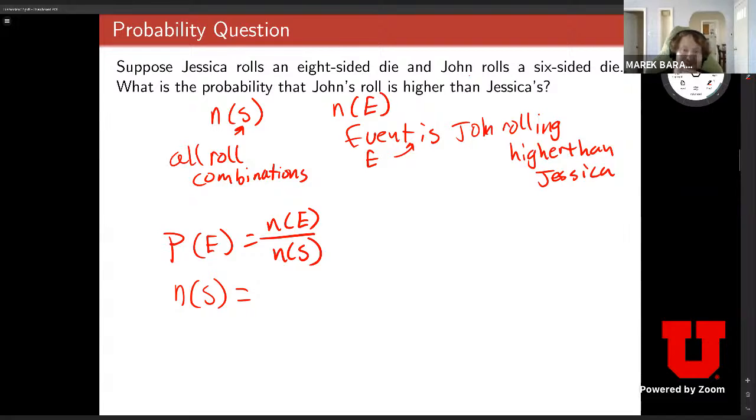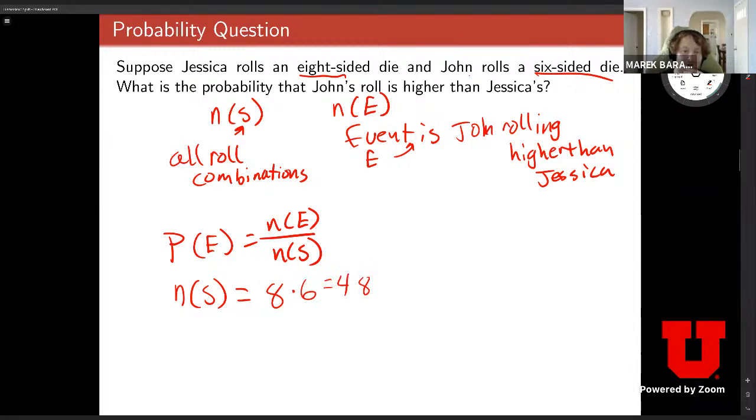Yeah, okay, so we have an 8-sided die and a 6-sided die. Let's do this in order: 8 outcomes for Jessica's die, and 6 outcomes for John's die, and that's 48.